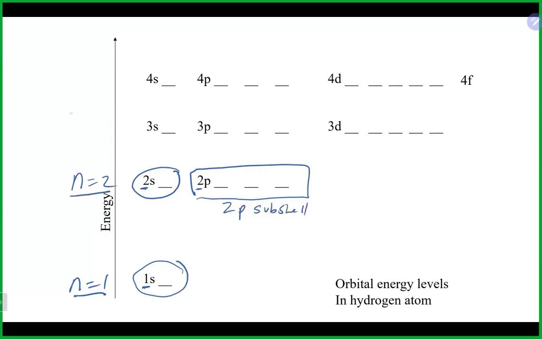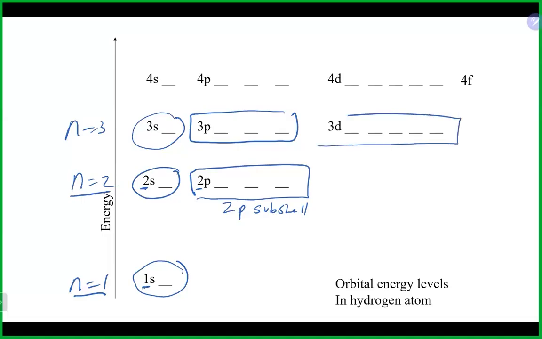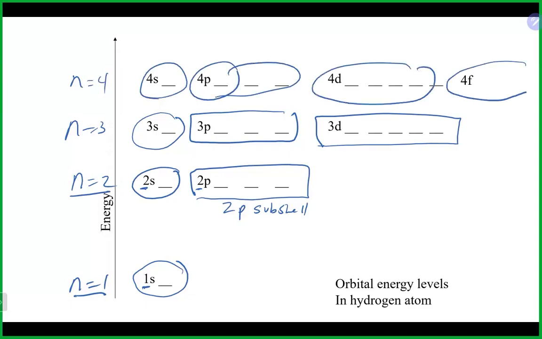On the third energy level, we have an s orbital, we also have p orbitals, and this is where we first start to see the d orbitals appear. And on the fourth energy level, we still have s, we still have p, we still have d, and that is where we first start to see our f orbitals or subshells appear.